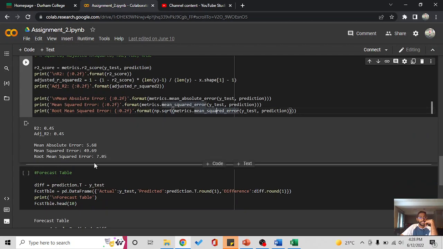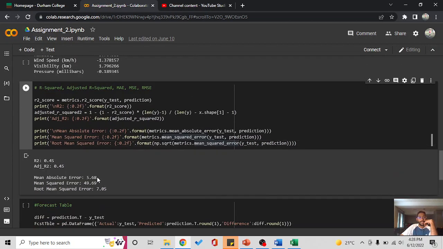We see that the mean absolute error is 5.68. It's not a good model. This value should be closer to 0 for a good model.